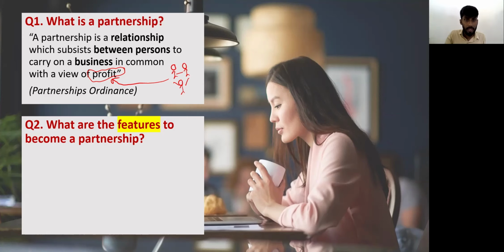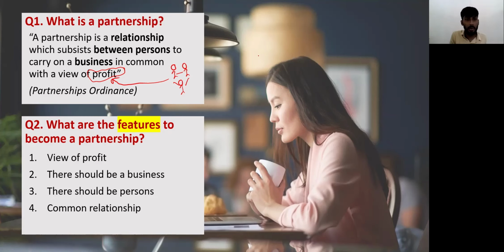I have highlighted the keywords, so you also need to get an idea on that. So what are the features? There should be a view of profit. Even the partnership ordinance defines it as people getting together to do a business with a view of profit. Therefore, profit is a must.